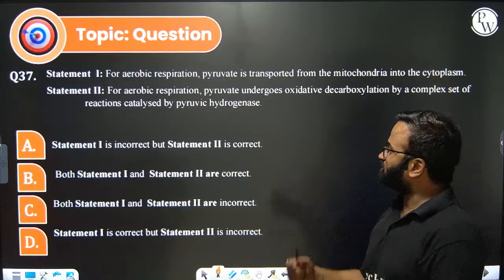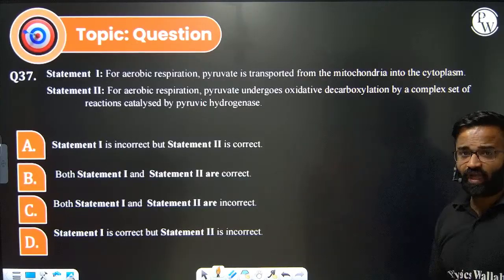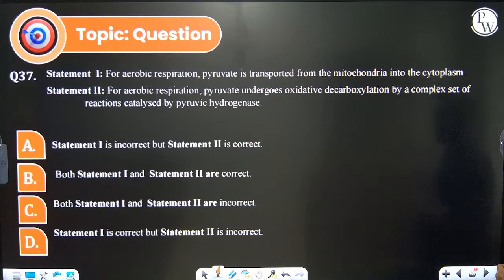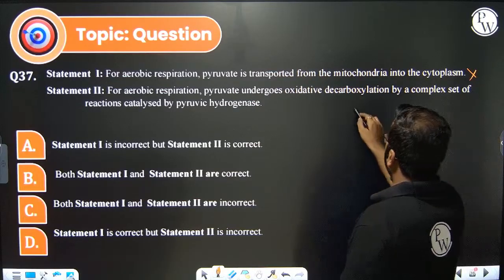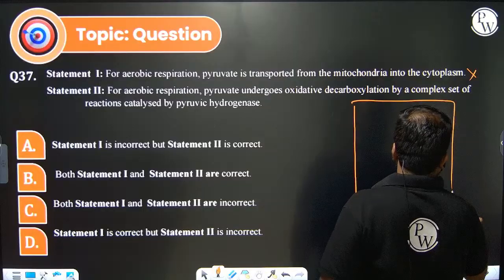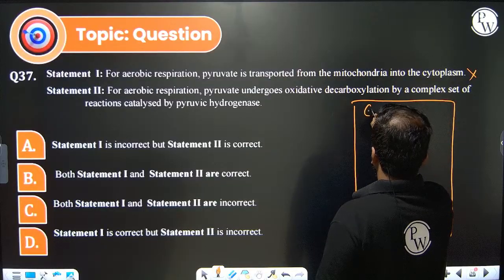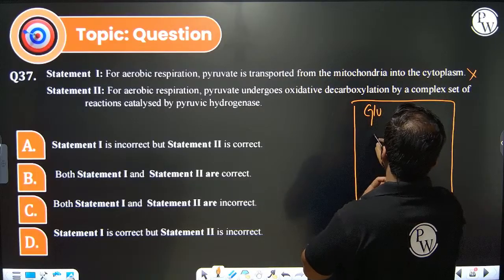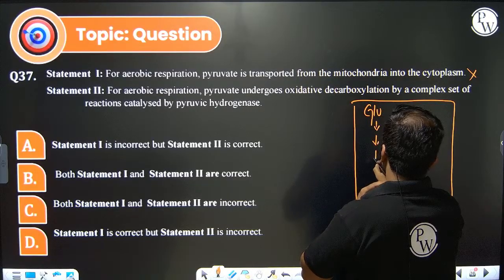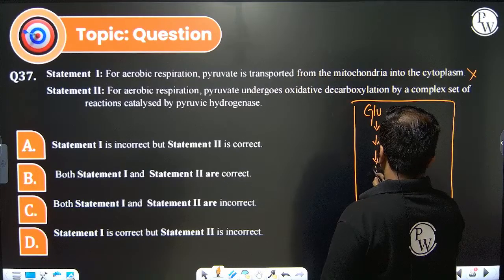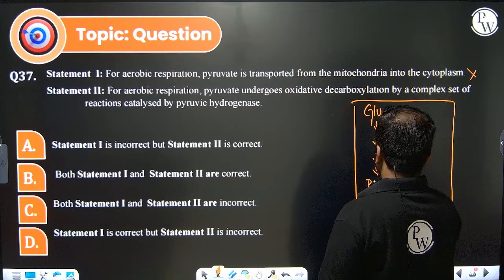Let's see the next question. For aerobic respiration, pyruvate is transported from the mitochondria into the cytoplasm. No, rather pyruvic acid. As you know, glycolysis occurs in the cytoplasm through a series of steps which we call the EMP pathway. You will end up making pyruvic acid.